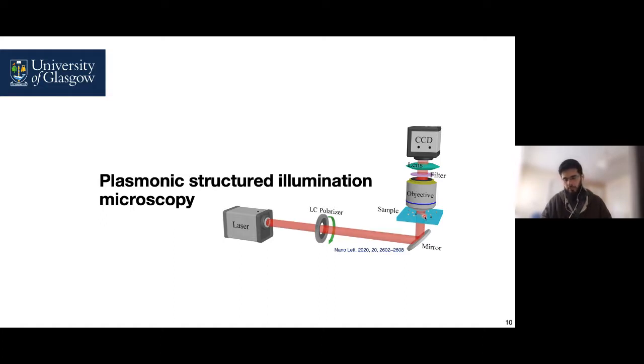In other words, the beam can be described by a point spread function, which is of Gaussian shape for these uniform illumination techniques.